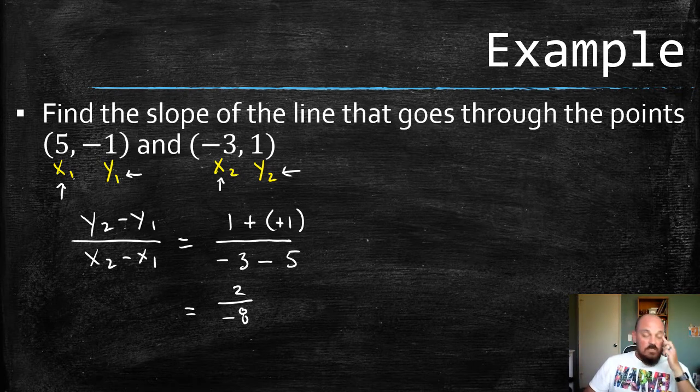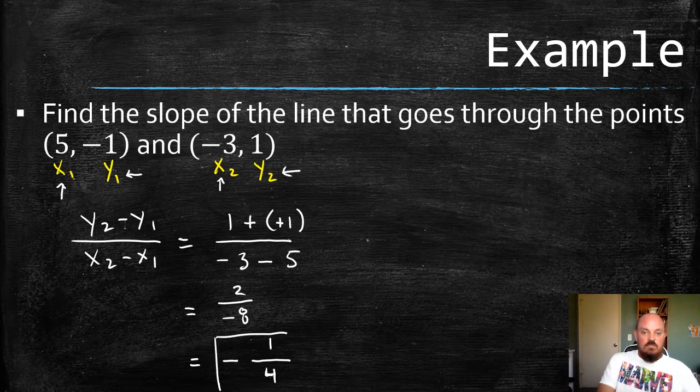So I get positive 2 over negative 8. For my final answer, I have a positive number divided by a negative number. That's going to be negative. I'm going to leave it as a fraction, but I'm going to reduce it. Instead of leaving it as 2 over 8, I can divide both of those by 2 and make it 1/4. So the answer is, the slope is negative 1/4.